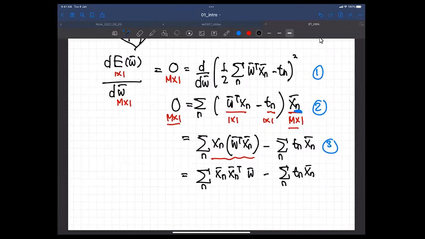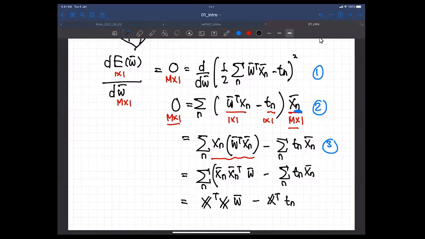So in this case, what we can do is remove the sum, because we don't like the sum in mathematics. How we can remove the sum is to transform this into a matrix. So in terms of a matrix, we have X transpose X multiplied by W bar, minus X transpose multiplied by T.